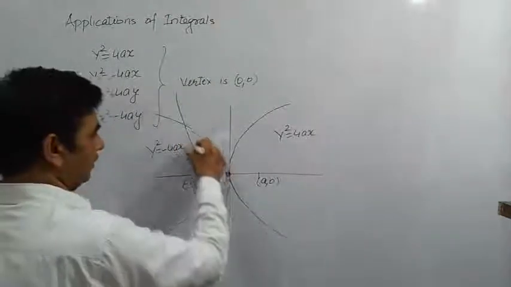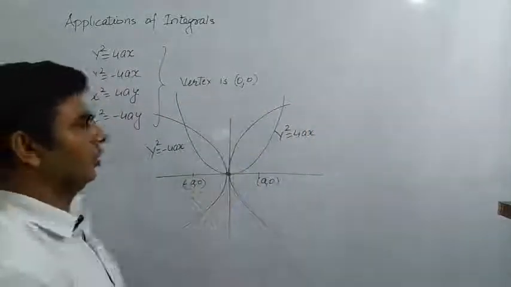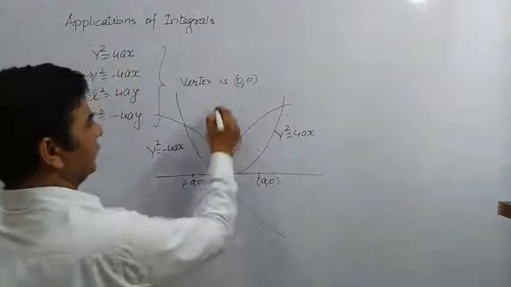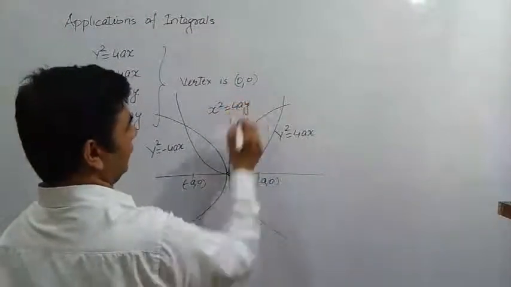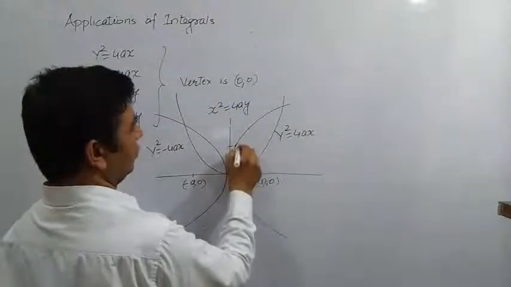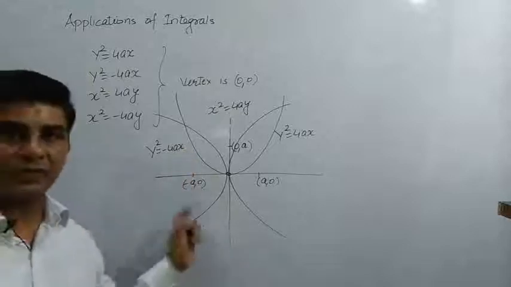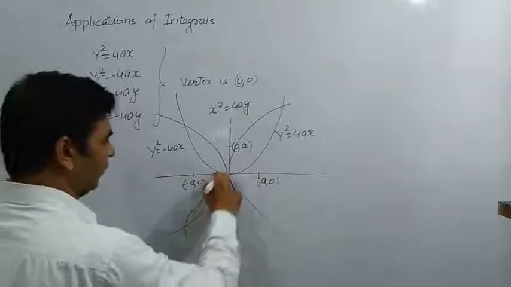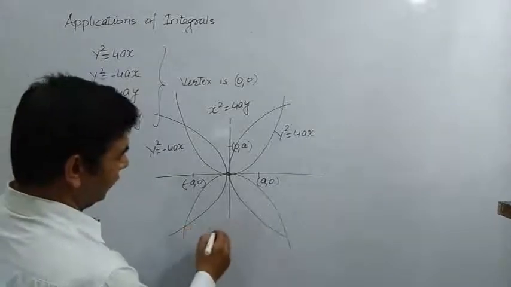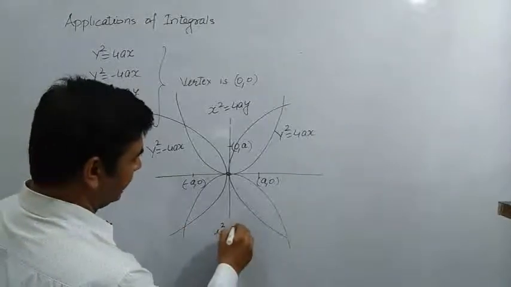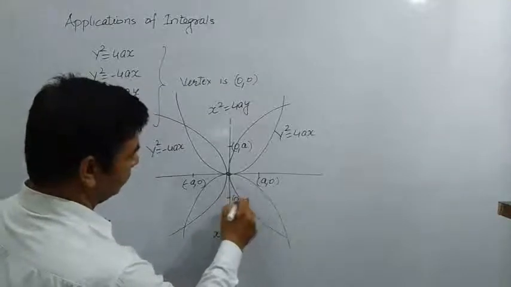And this is the upward parabola, whose symmetry is along the y-axis, and the equation of this is given by x square is equal to 4ay. In this case, the focus is (0, a). And the last one is the downward parabola, whose equation is x square is equal to minus 4ay, and the focus is (0, minus a).